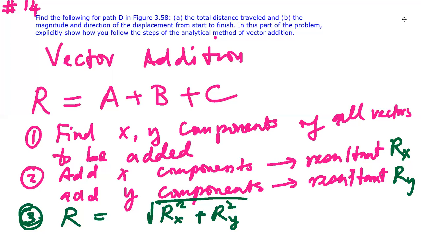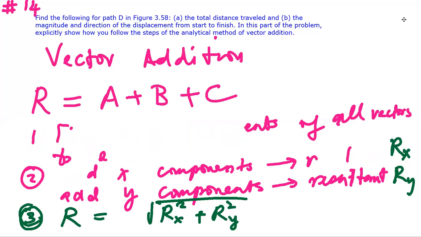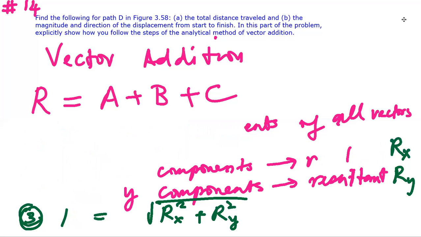So again, to translate this into actual calculations, I'm going to still use the notation of A, B, C to represent 3 vectors.